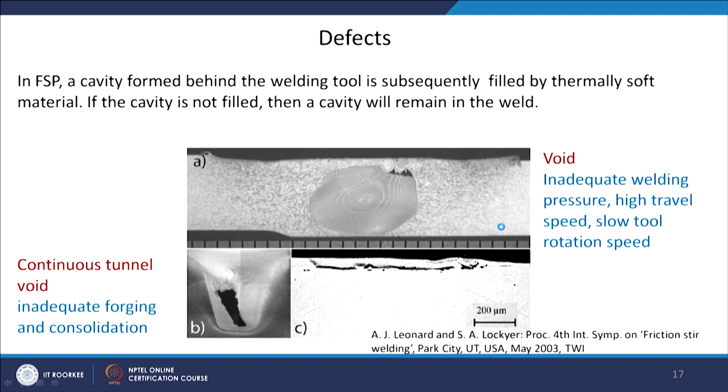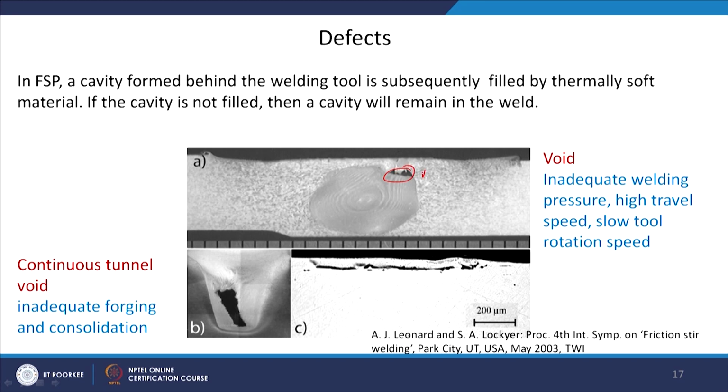Now, what are the defects which you can encounter during processing? A few defects are shown here, and people have now worked out how we can remove these defects. One defect is called a void, which can occur on the advancing side, just below the shoulder. This is usually because you are not able to apply sufficient normal force to the tool.